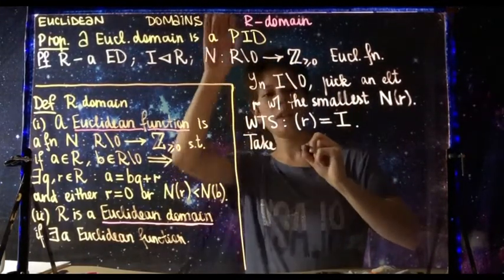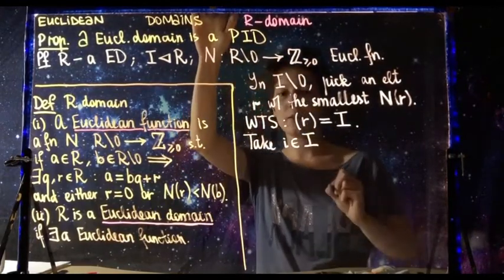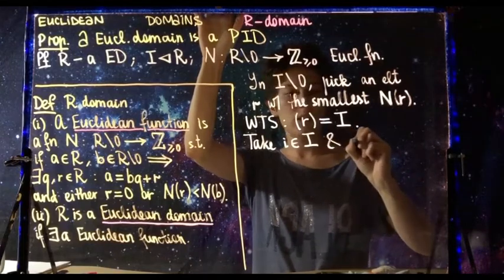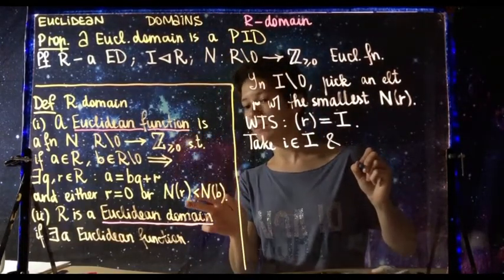So we take an arbitrary element i of I, and since we have a Euclidean function, we can divide with remainder.